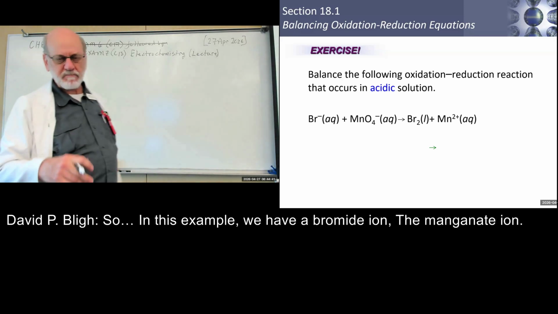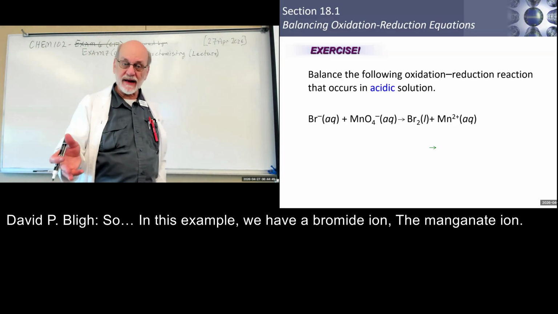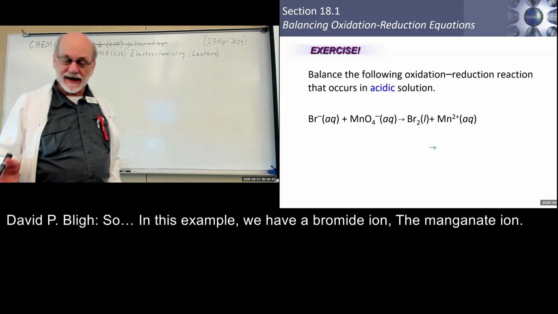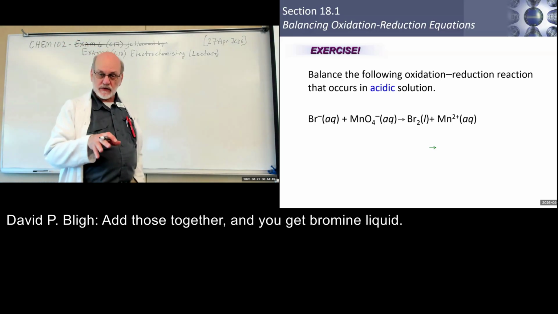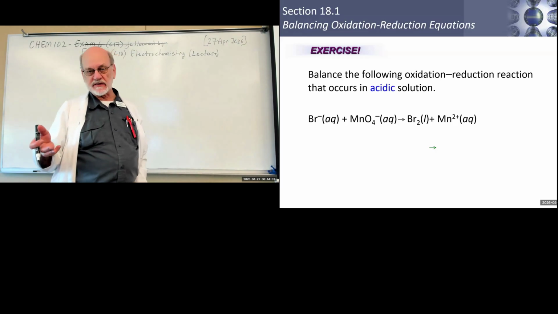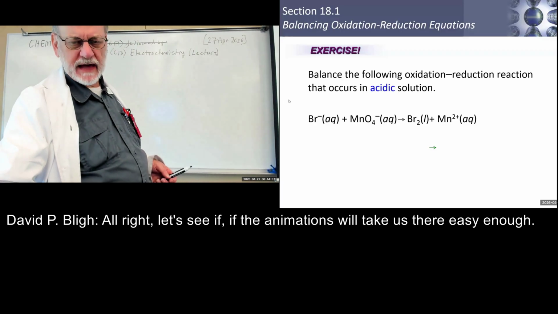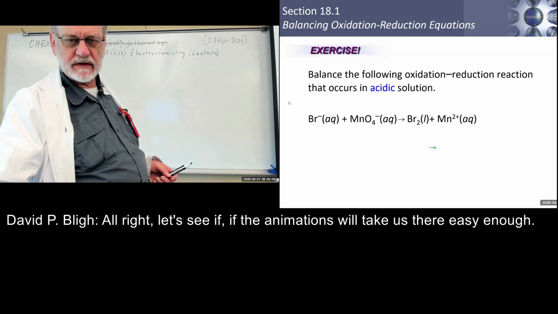All right. So in this example, we have bromide ion and the permanganate ion. Add those together and you get bromine liquid and manganese 2 plus.